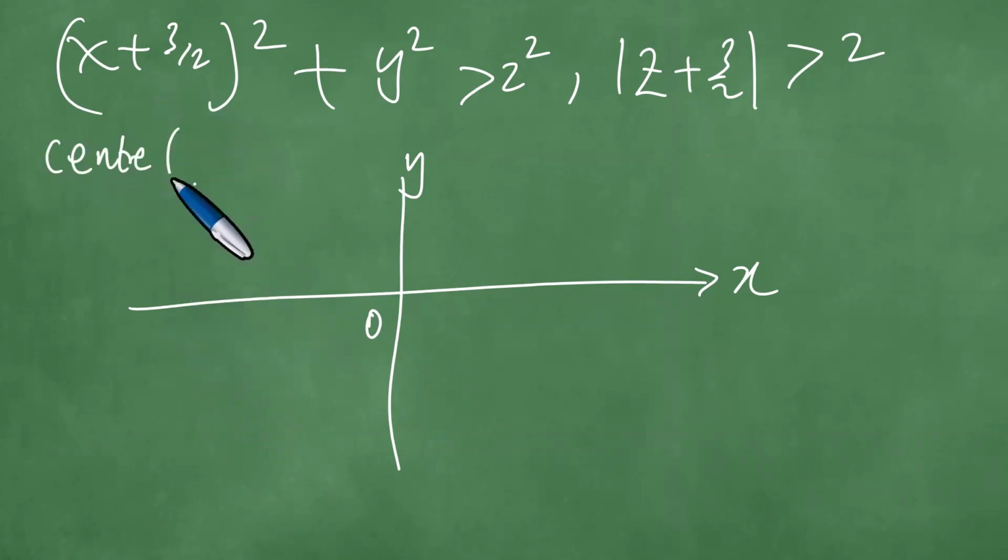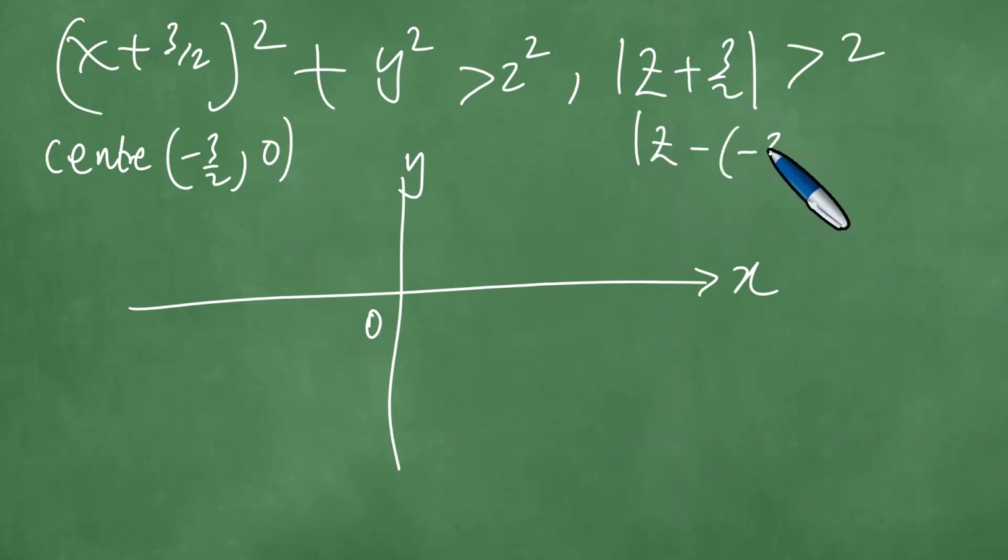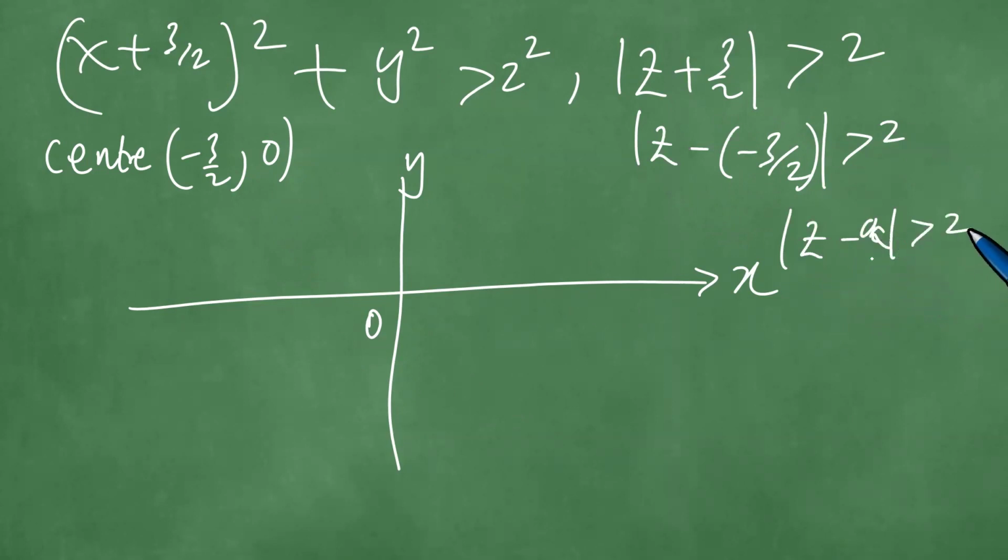The center will be minus 3 over 2, 0. So even here you can see the center is going to be like this, because normally to see it we need to put a minus, because the formula is modulus of z minus a bigger than 2.